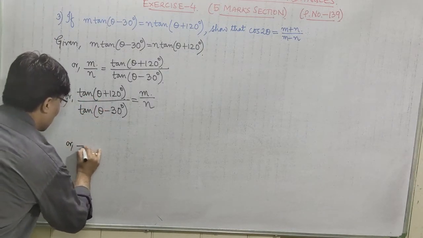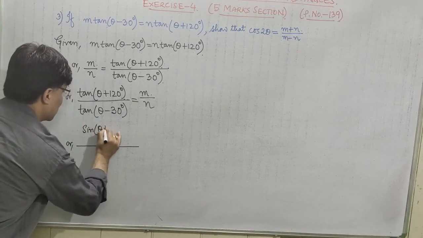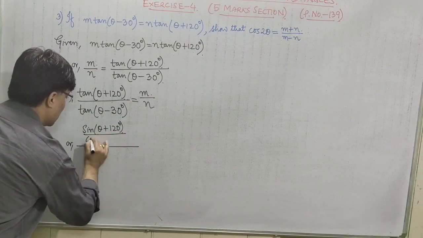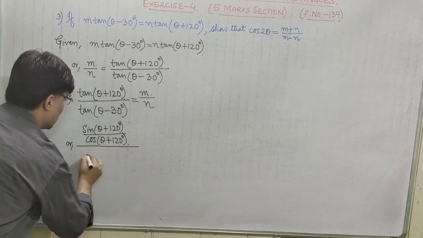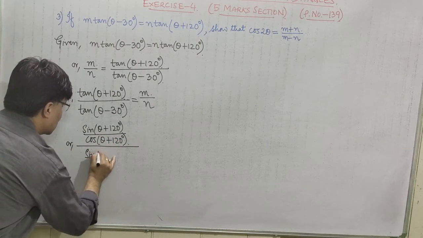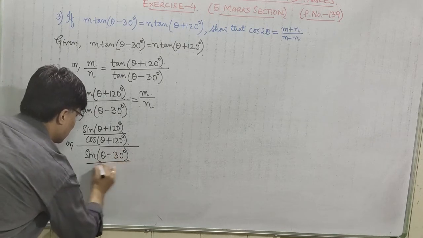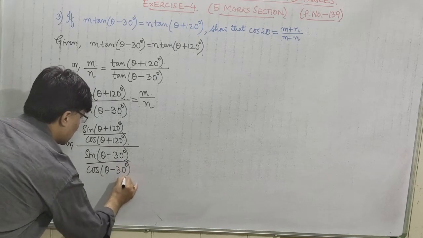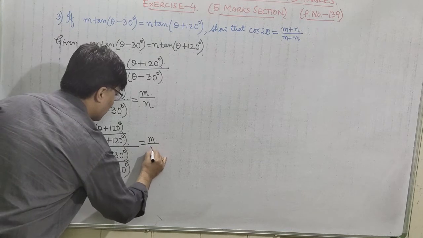So now in the numerator we have sine theta plus 120 degree divided by cos of theta plus 120 degree, right? And in the denominator it is sine of theta minus 30 degree divided by cos of, this is your theta minus 30 degree, right? So which is equal to, this is m upon n.